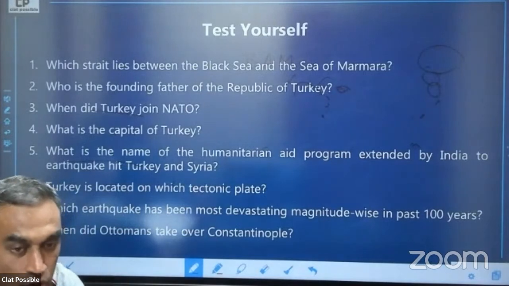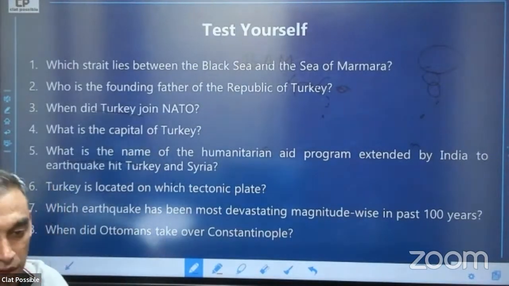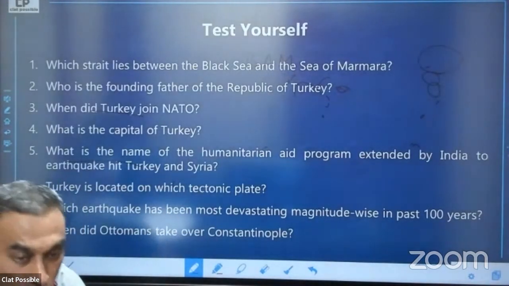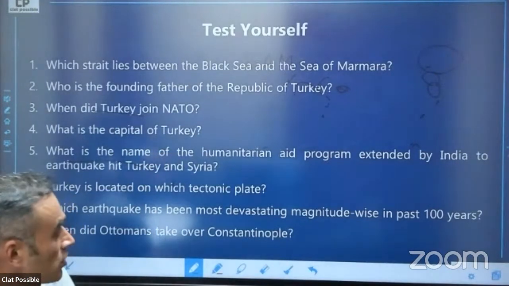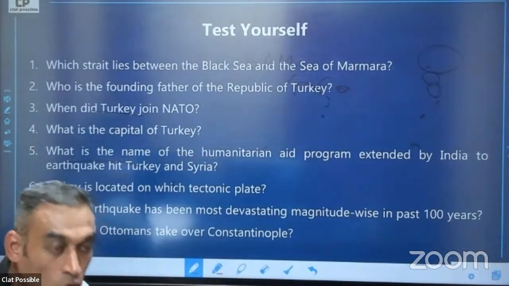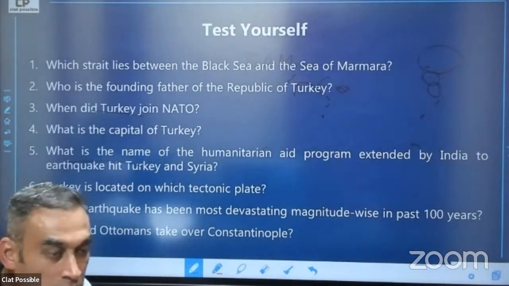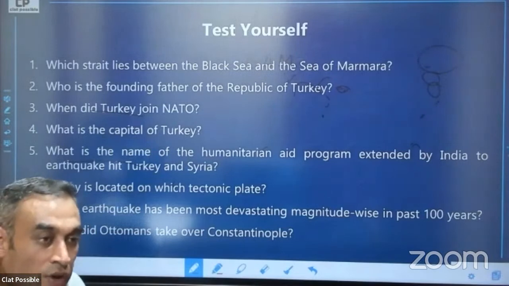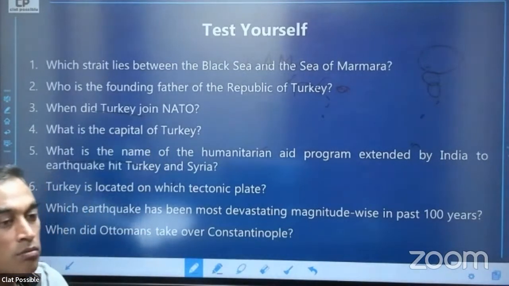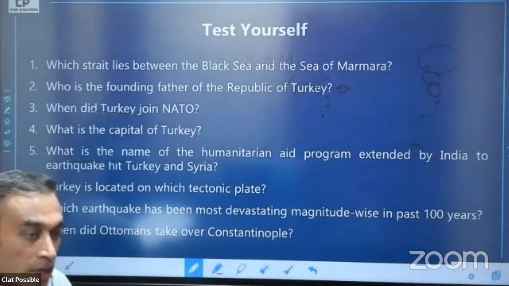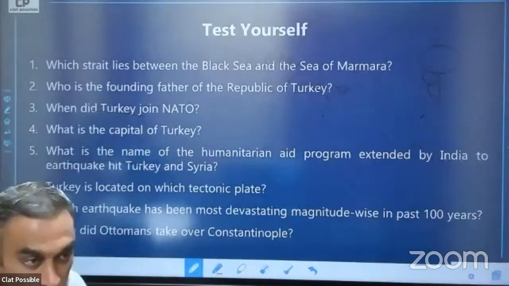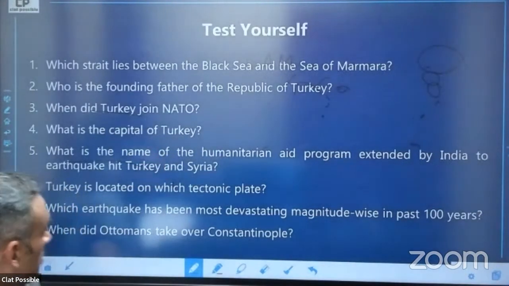But what is the plate called? Absolutely. Very good. Anatolian plate, right? This is where the earthquake took place, the eastern Anatolian plate, which has a 190 kilometer fault line, and therefore the effect was felt across even Western Europe, northern parts of Africa, and the Middle East, till Israel, right?